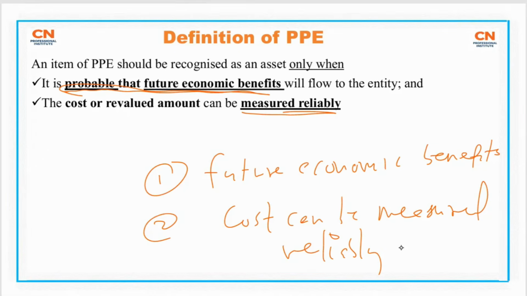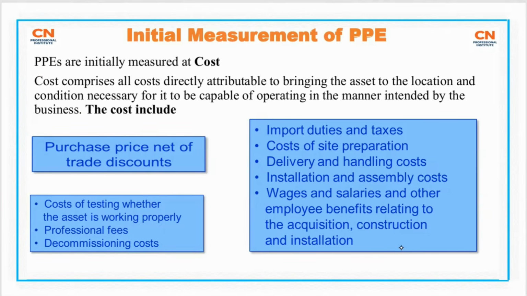All right. Then let's look at the initial measurement of PPE. All PPEs are initially measured at cost. Don't forget, and subsequently, we can use the cost model or the revaluation model. But initially, it's at cost.